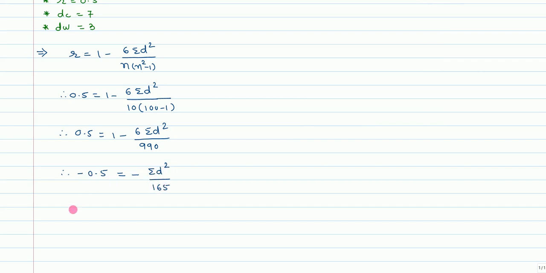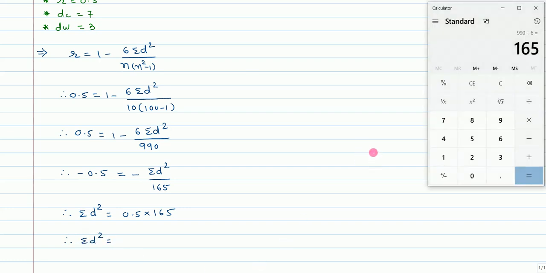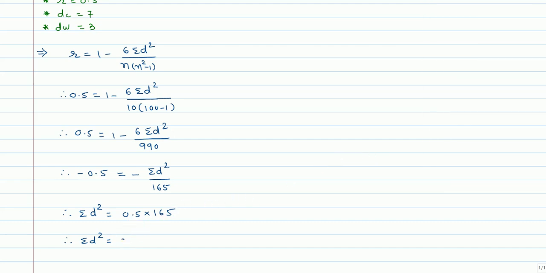Both sides minus, minus plus. Therefore, sigma d square is equal to 0.5 into 165, and we will get sigma d square is equal to 82.5. But this is the wrong value of sigma d square.